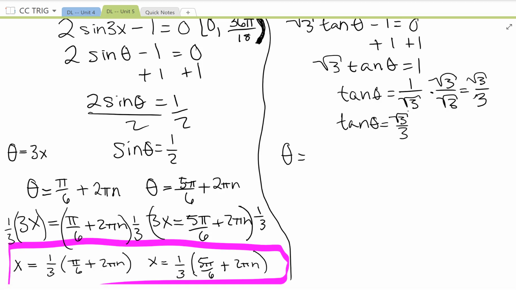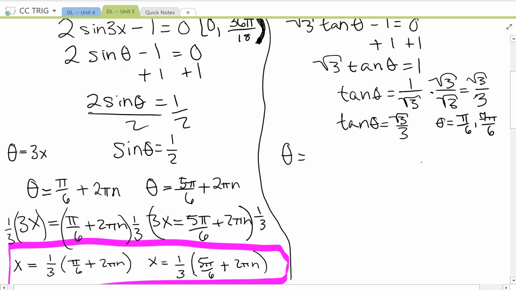So normally theta would give us pi over 6 and 7 pi over 6. And we would usually add 2 pi to each of these, but this is tangent.